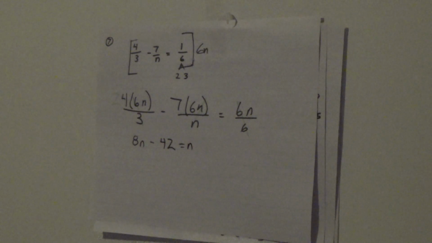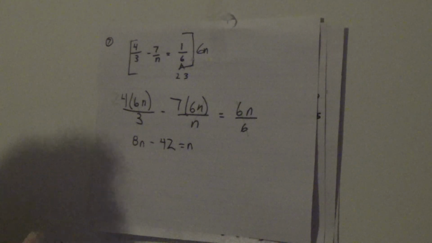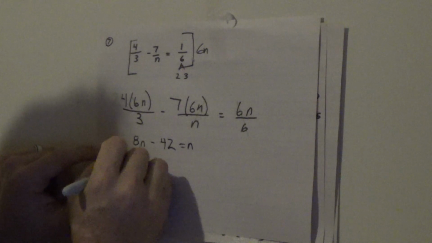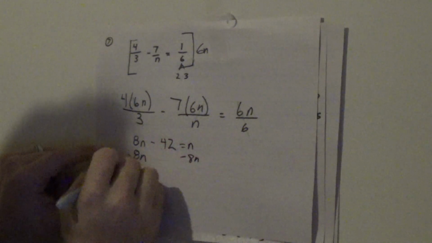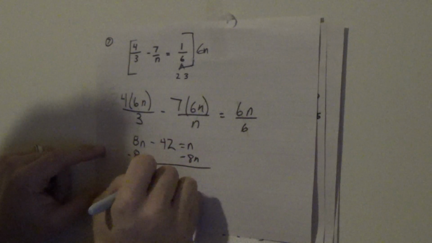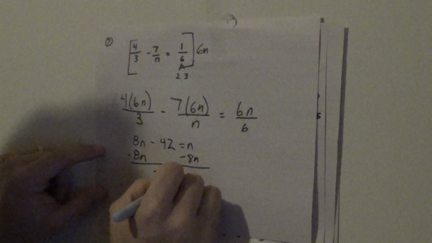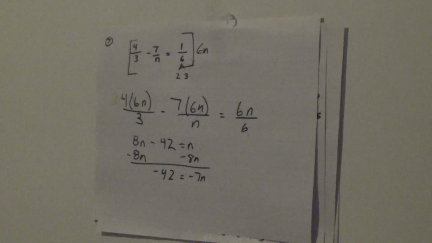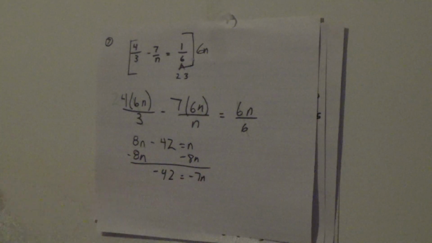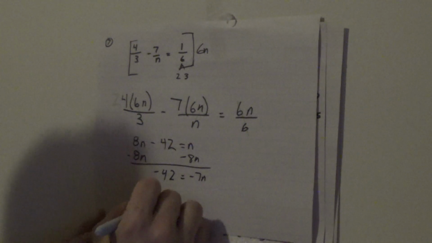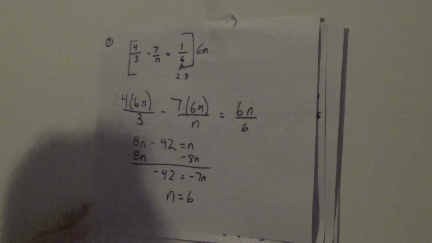We're going to go ahead and subtract 8n from both sides, so minus 8n, minus 8n. So we get negative 42 equals negative 7n. Then we want to divide both sides by negative 7 to get n, and 42 divided by 7 gets us back to n equals 6.